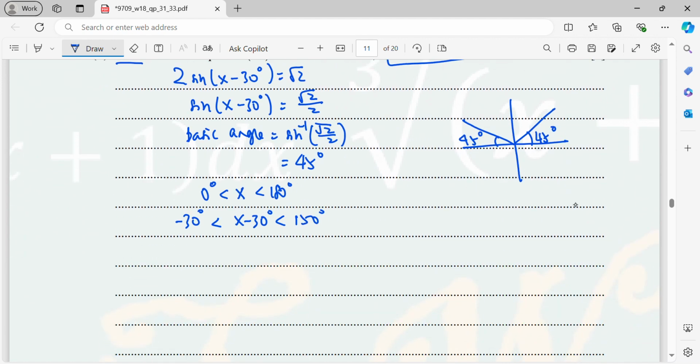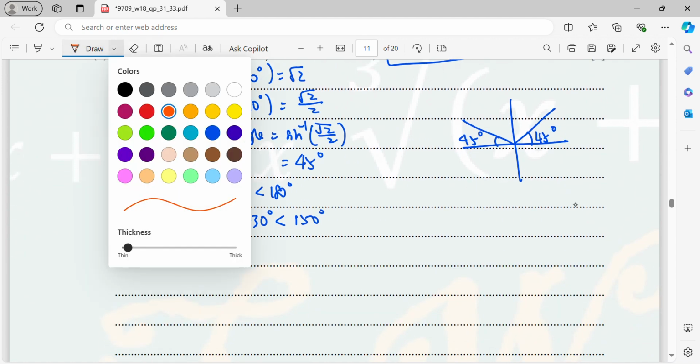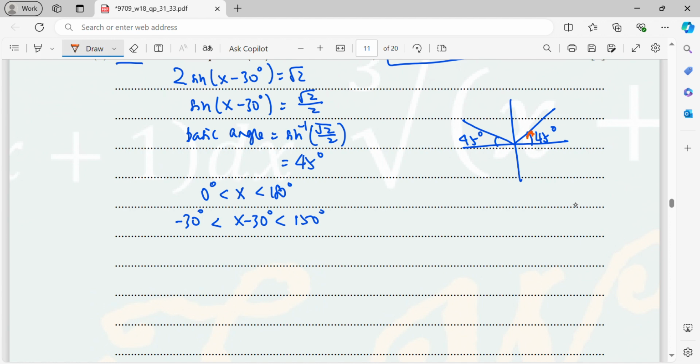Okay, so now based on the quadrant diagram, my first angle is 45. It's acceptable because it's in the interval. My second angle is the bigger value. So therefore, I will write x minus 30 degrees: firstly 45, and the second angle is basically 180 minus 45 degrees because it is in the second quadrant.